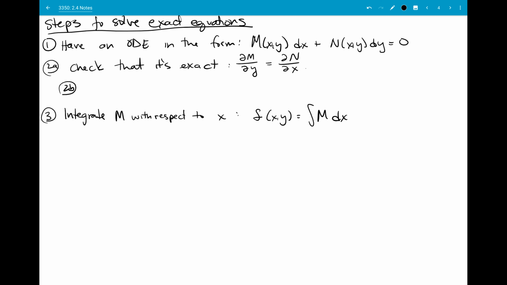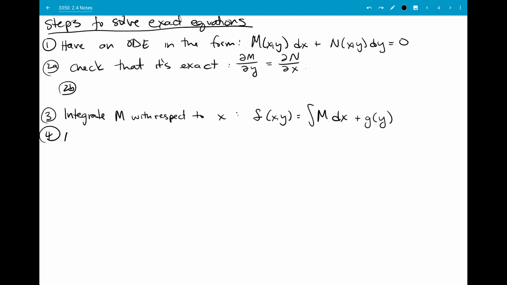And then you're going to bear in mind that f could depend on y. If you integrate m with respect to x, you're looking at something that has ignored y up to now. And so there could be some unknown function of y inside of f that doesn't appear in m at all, because we said m is like the derivative of f with respect to x. That's where that idea comes back again.